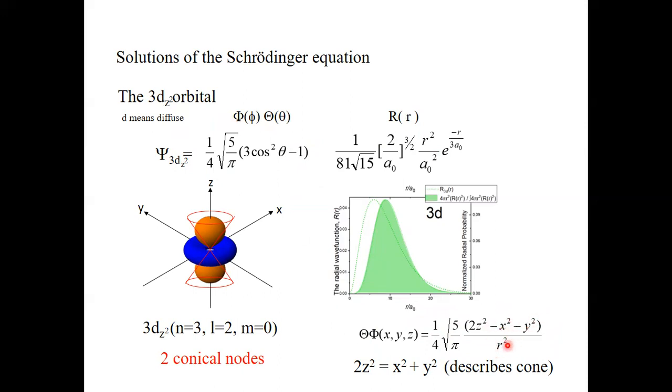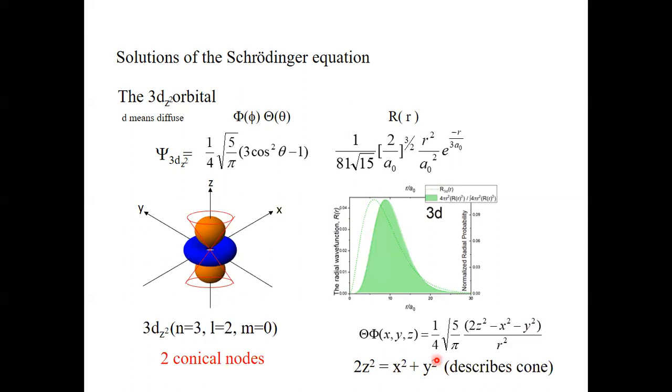So now you see in this case, all three coordinates appear. That is the difference to the p orbitals, where always just one coordinate appeared. Now this term, 2z squared minus x squared minus y squared, mathematically describes a cone. 2z squared is equal to x squared plus y squared.